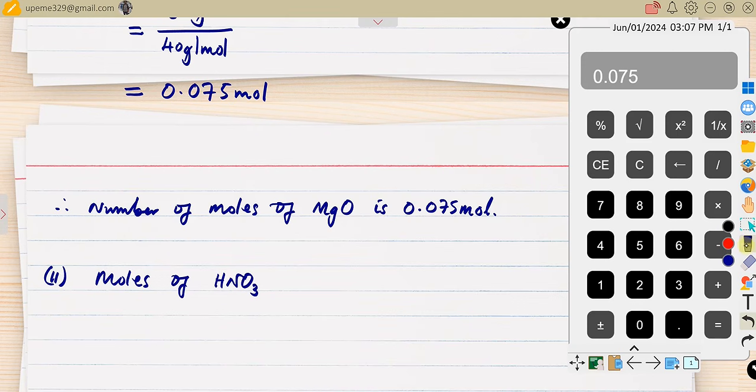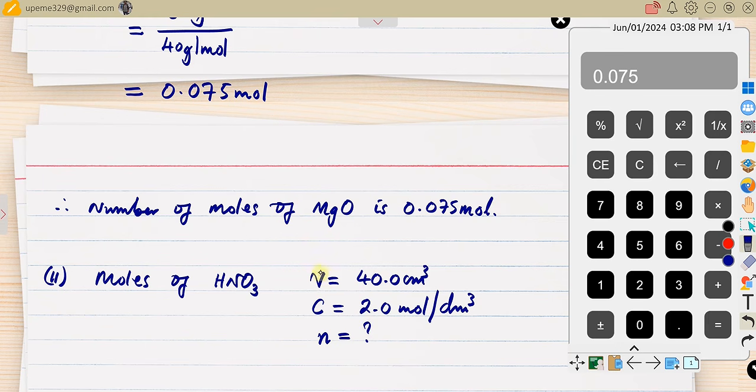So we are going to say that here we have the volume of nitric acid, which is 40.0 cubic centimeters, and then the concentration is 2.0 moles per cubic decimeter. Having these values, the question is to find the number of moles. So it's like we are saying we don't know the number of moles.